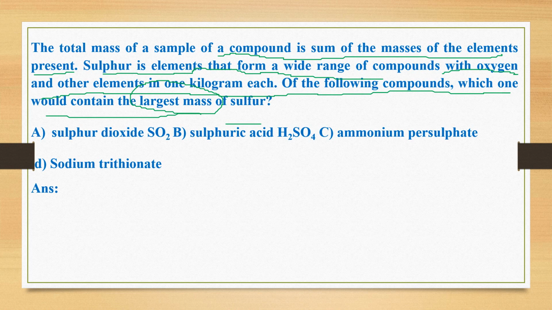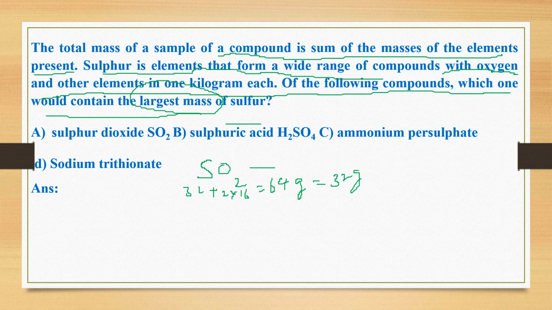Suppose you take sulfur dioxide first. What is its molecular weight? Sulfur dioxide is SO2, that is 32 plus 2 into 16, which is 64 grams. 64 grams contains 32 grams of sulfur.